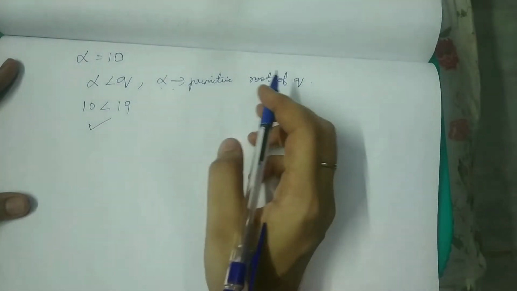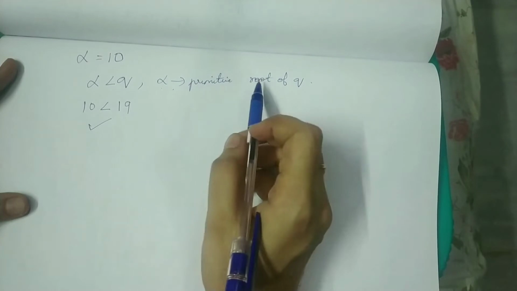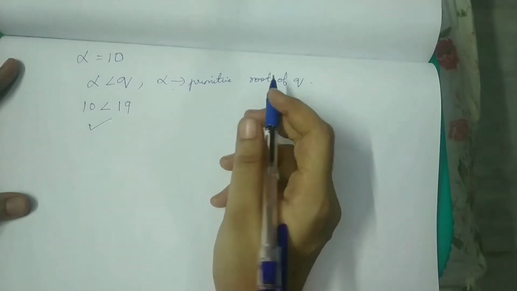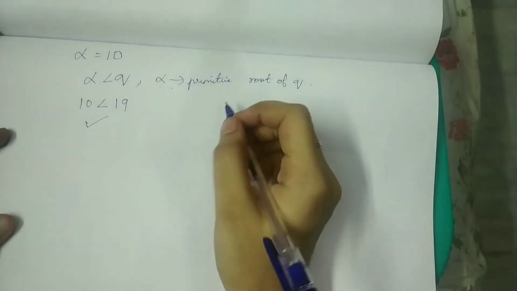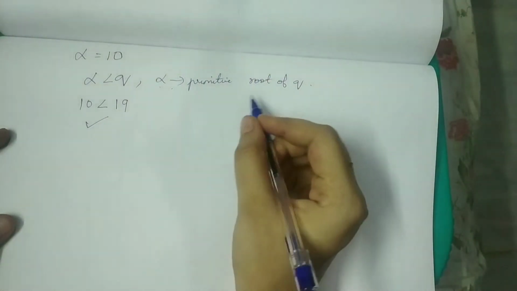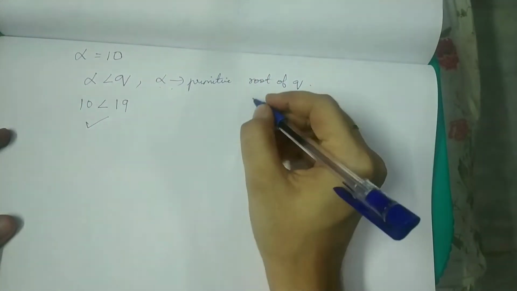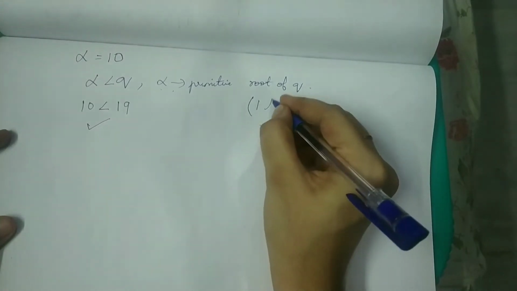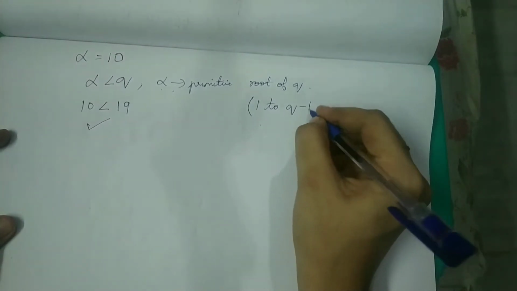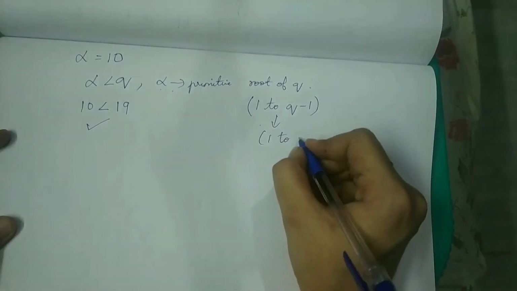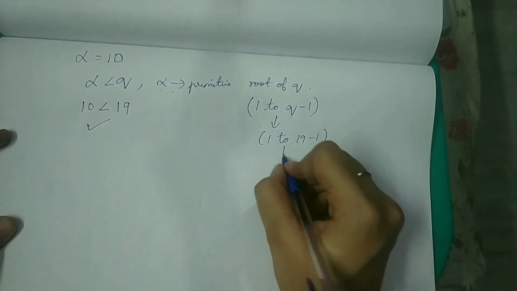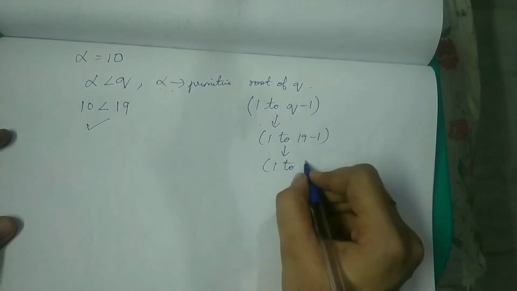So now let us check whether alpha is primitive root of Q or not. The answer that we get for the primitive root must be in the range of 1 to Q minus 1. That is 1 to 19 minus 1, which is 1 to 18.